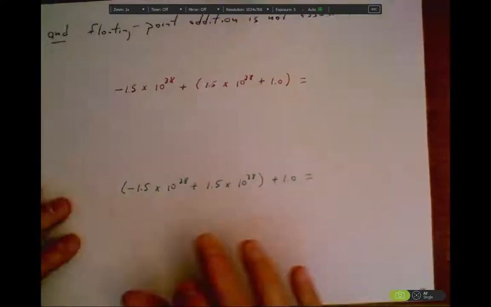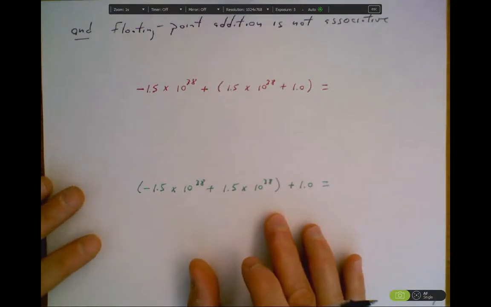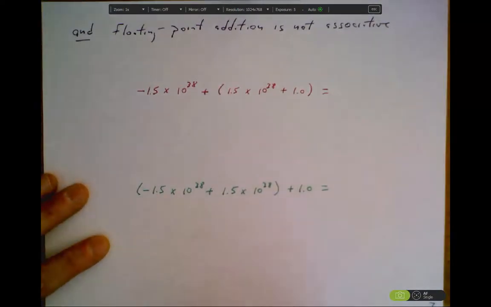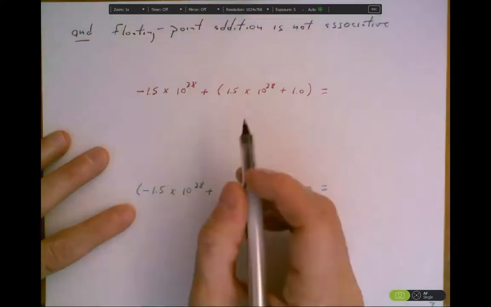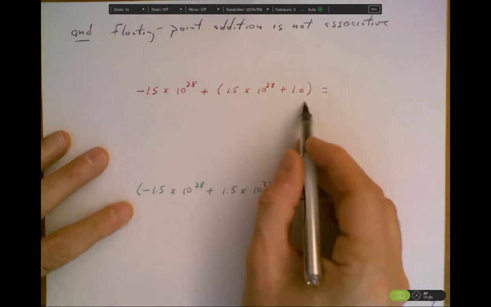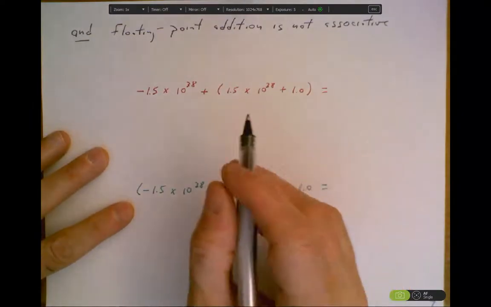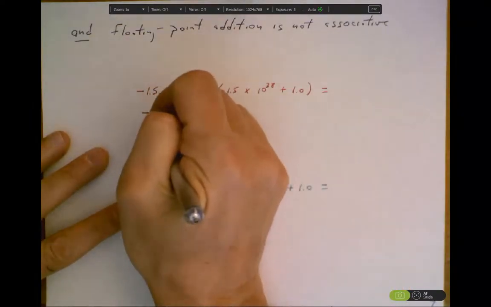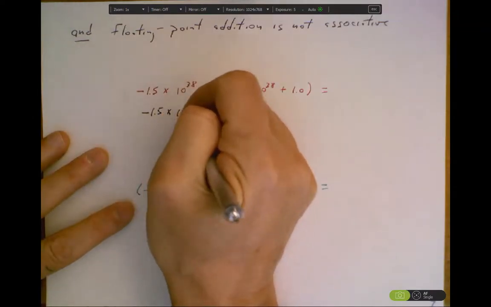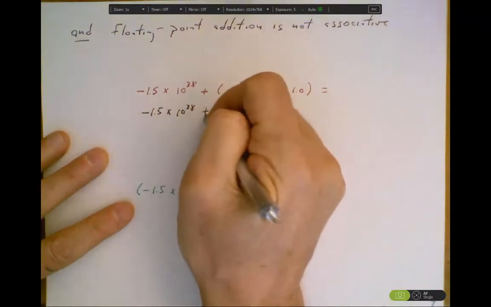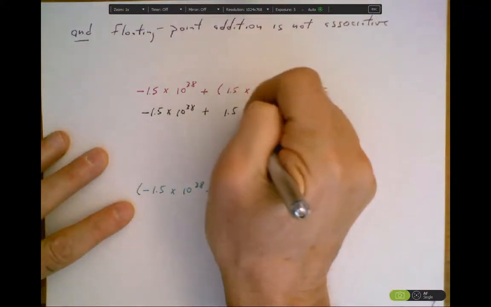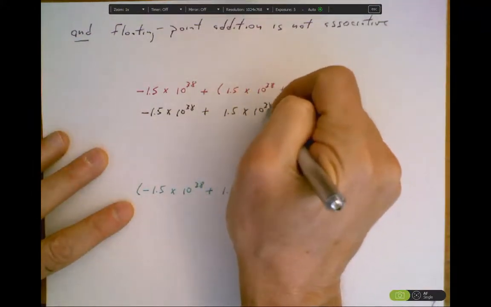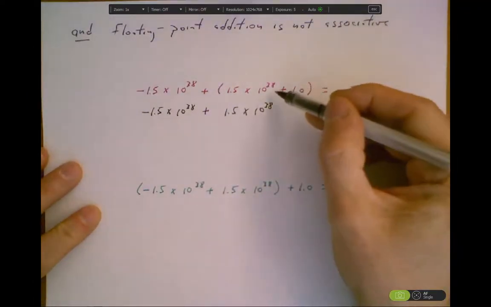Another thing that points out the trouble with floating point calculations is that floating point addition is not associative. Let's look at 2 ways of adding 3 numbers together. If I group them right to left, first of all, I'm going to have this one being added to, if you just think about this, what happens if I add 1 to a very large number?